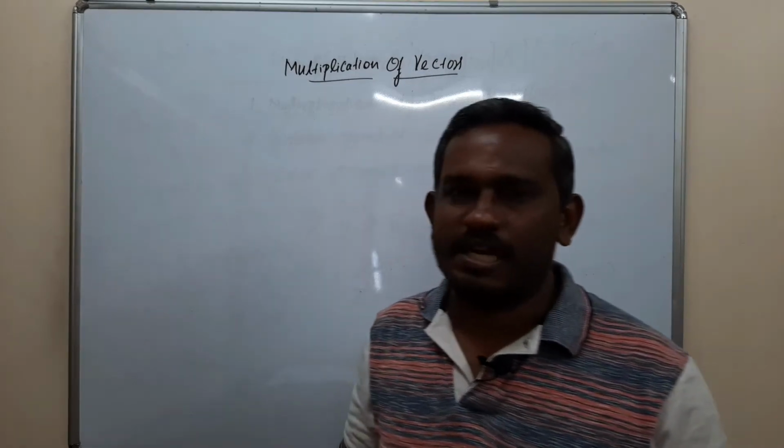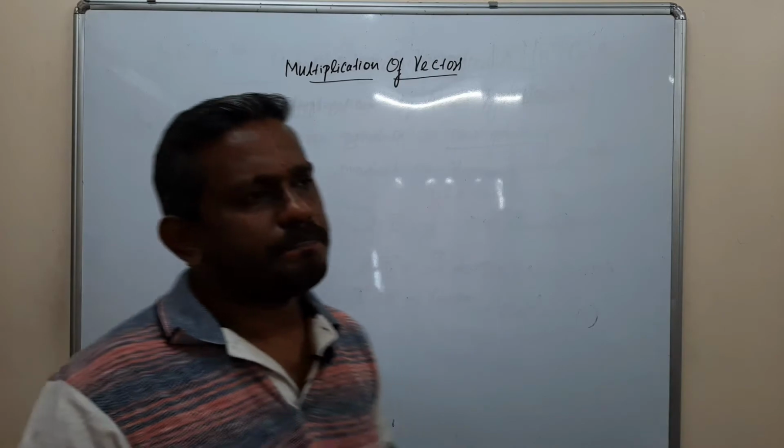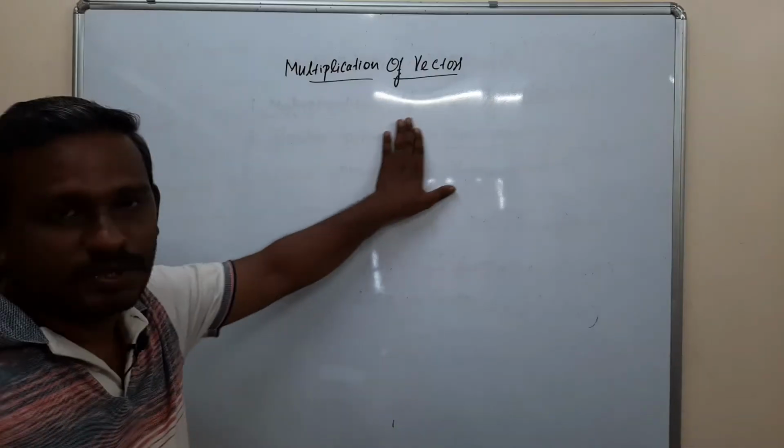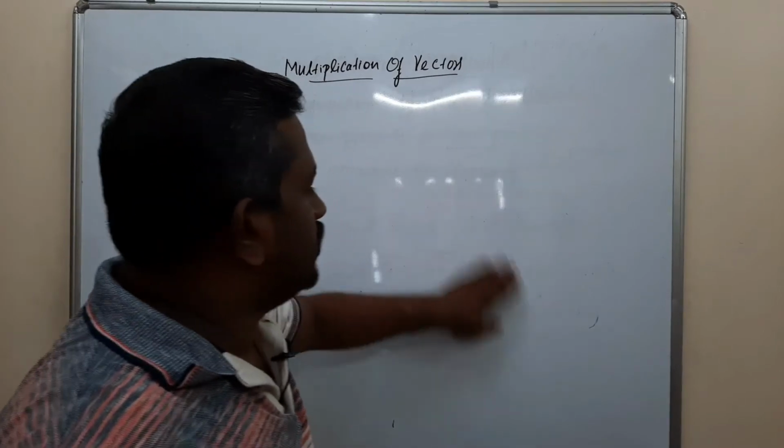In this section we are going to discuss multiplication of vectors. The multiplication of vectors can be done in three ways.